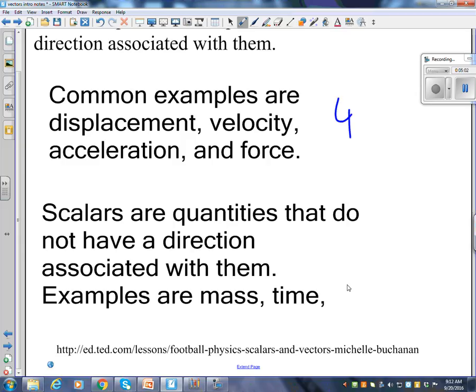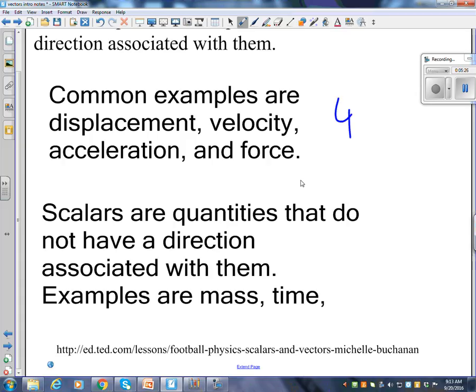There's a direction there. Velocity: you're traveling at 85 kilometers per hour southeast. Your acceleration is minus 9.8 meters per second squared, down towards the center of the earth. Force: 400 newtons west. Anything that you can put a direction at the end of and make sense is a vector.